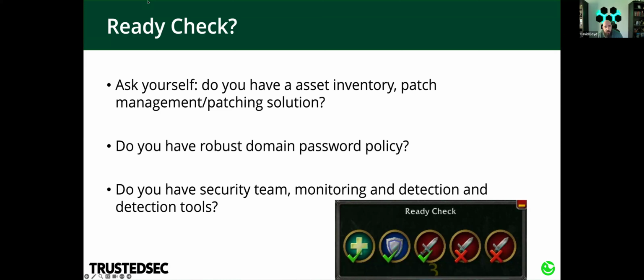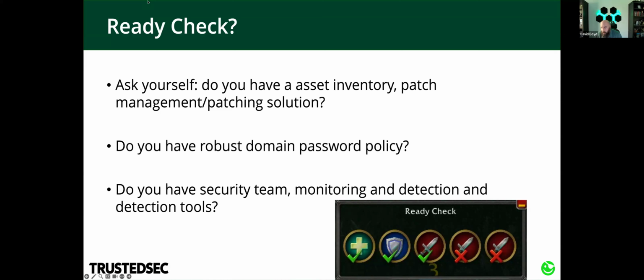The other question is, do you have any sort of patch management or some sort of patching solution? Are you patching those systems? Do you have something in place that's ensuring that anything sitting on your network is receiving the appropriate updates? Other things include a robust domain password policy.